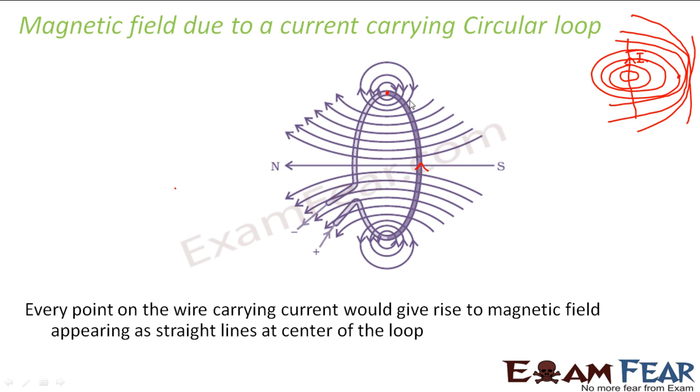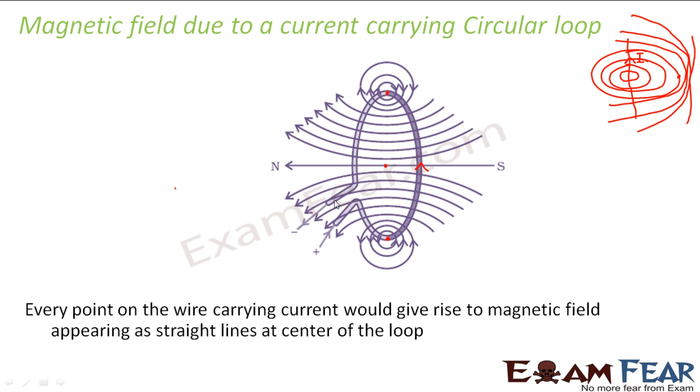So same is the case here. So if this is your point, first, for the nearer points, it will be concentric circles. As you go away, finally towards the center of the circular loop, you will get a straight line. Similarly, for any other point on this conductor, it is not only about these 2 points. Any point on this circular loop will behave in a similar manner.